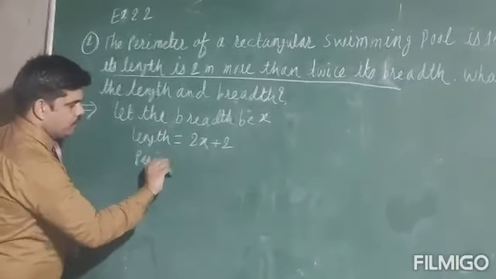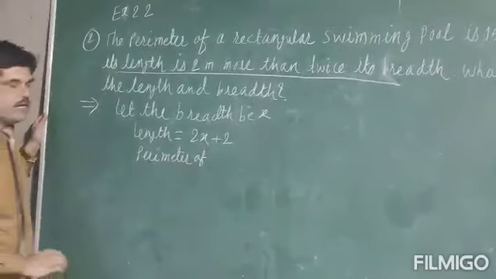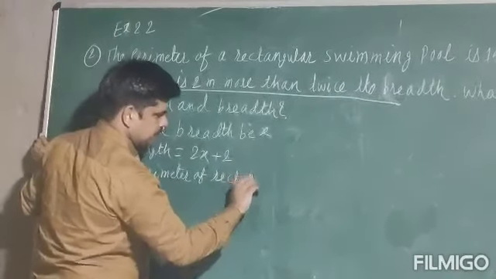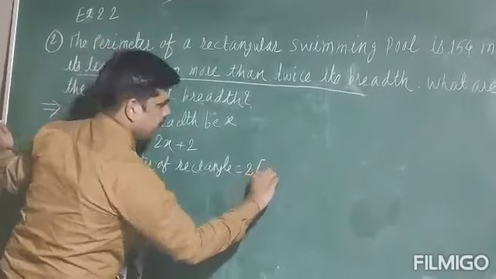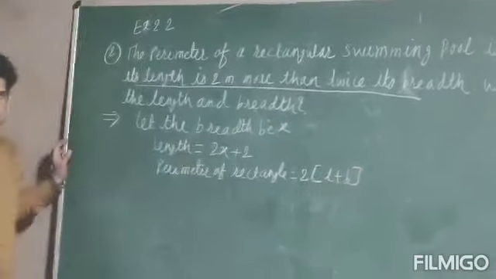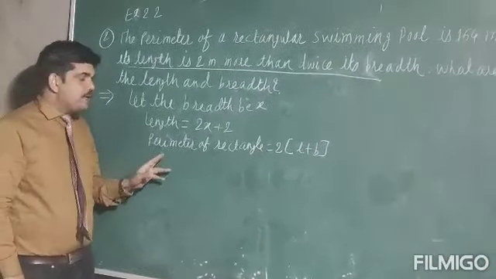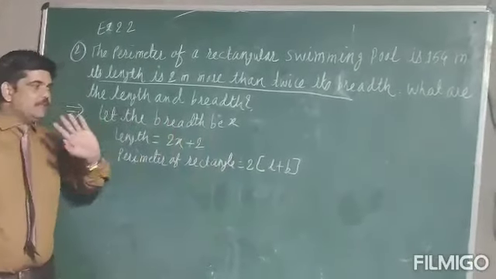Perimeter of rectangle is equal to 2 in bracket L plus B, length plus breadth.